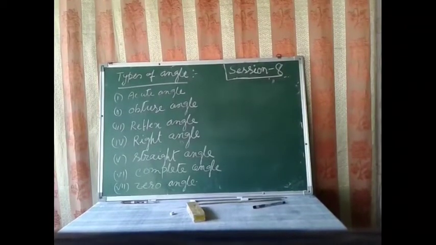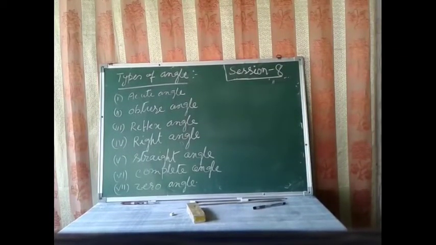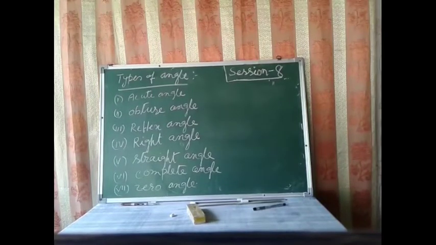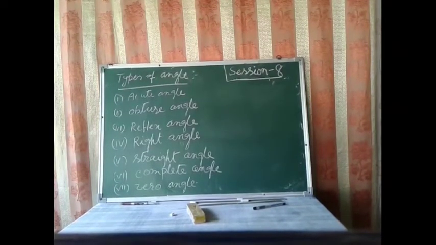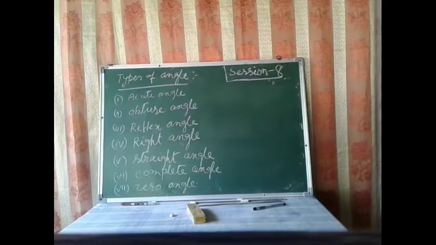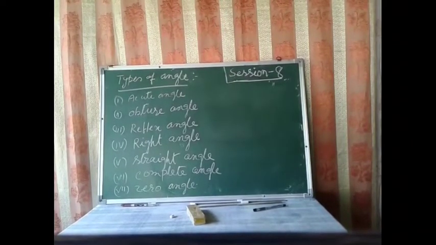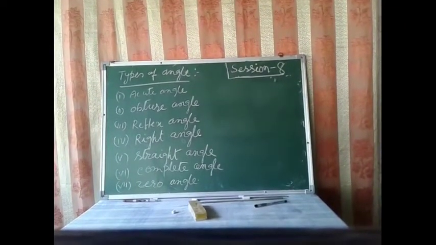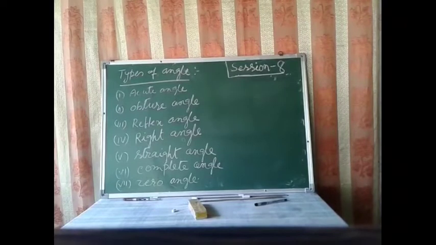Obtuse angle. An angle measuring more than 90 degrees but less than 180 degrees is called an obtuse angle. Some examples of obtuse angles are 100 degrees, 120 degrees, 135 degrees, 175 degrees, etc. Reflex angle.